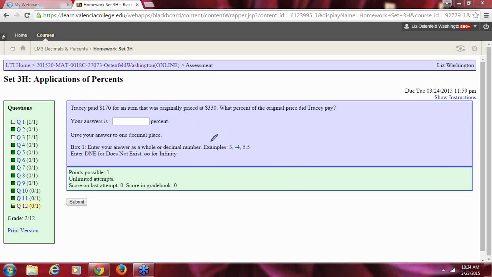Alright, Tracy paid $170 for an item that was originally priced at $330. The difference was $160. I'm going to do $160 divided by $330. Again, you get a decimal point, 484848.